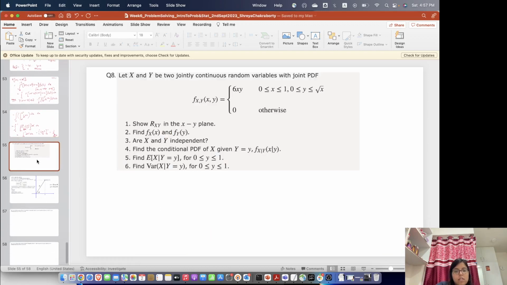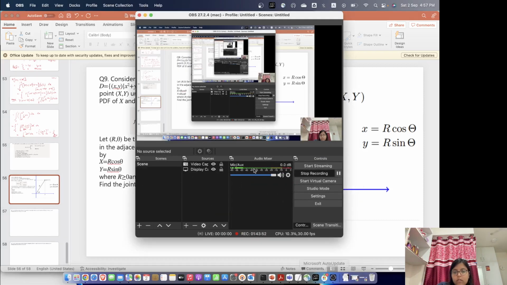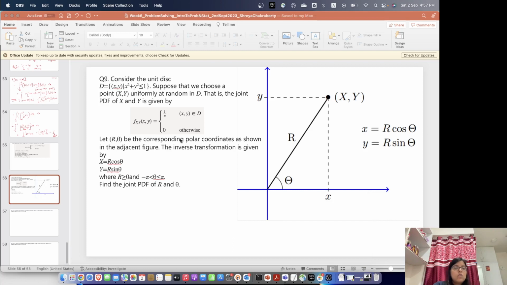So this is also a similar kind of thing. Let us do this one. Alright. So now let us consider the unit disk x square plus y square less than or equal to 1, and suppose we choose a point (x, y) at random in D, and the joint PDF of x and y is given by this.